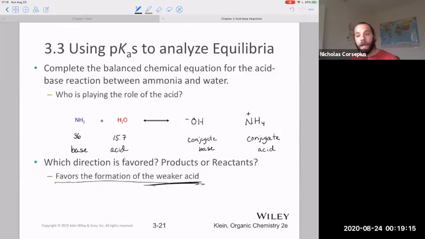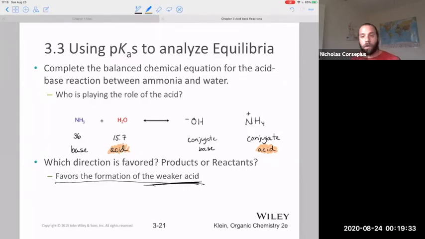So what do I mean by that? Well, if you notice, in all of our acid-base reactions, we have an acid on our reactant side, but we also have an acid on our product side, the conjugate acid. This reaction will go in the direction of the weaker acid.